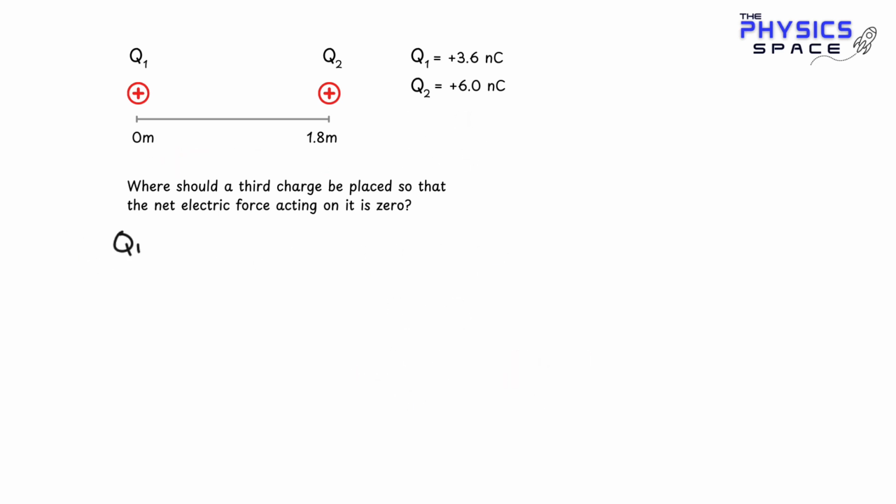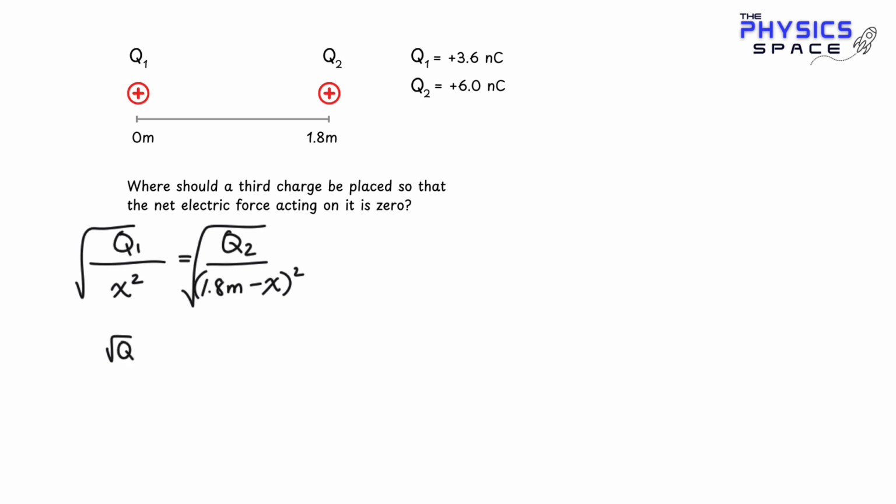So on the left side of our equation, we have Q1 divided by R1 squared, where we sub in x for R1. And on the right, we have Q2 divided by 1.8 meters minus x, squared. To make this simpler to get started, the first thing we're going to do is take the square root of both sides.